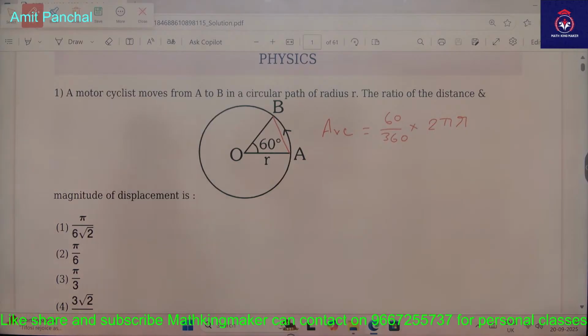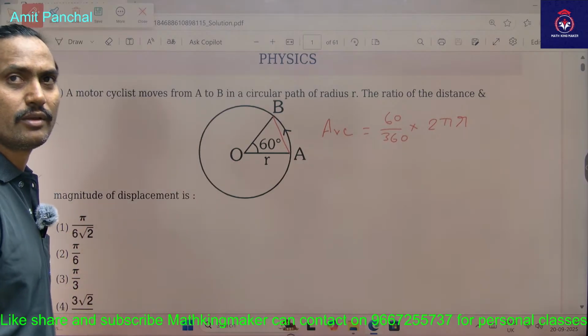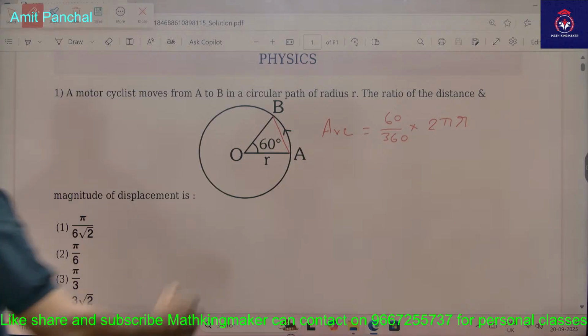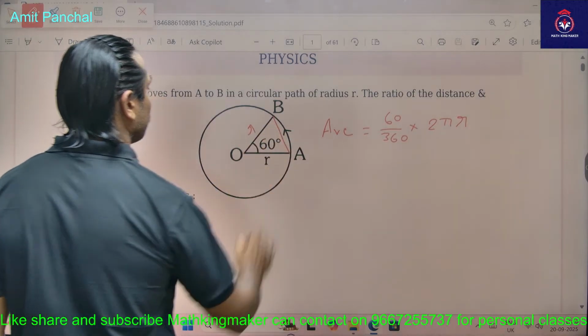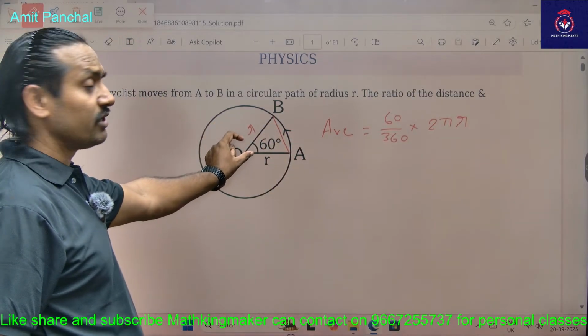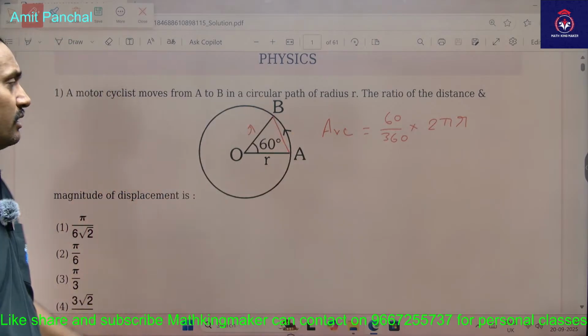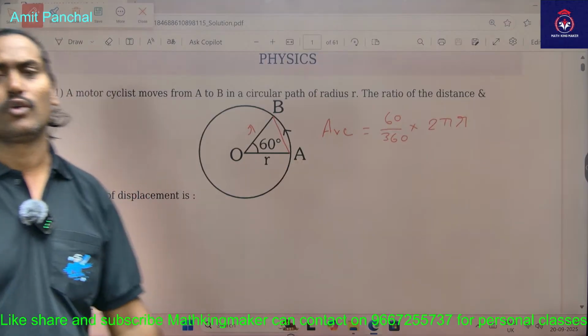Do you know the cosine rule? Yes. OA and OB are both the radius, right? Once two sides and the angle between them are given and you need to calculate the opposite side, you use the cosine rule.